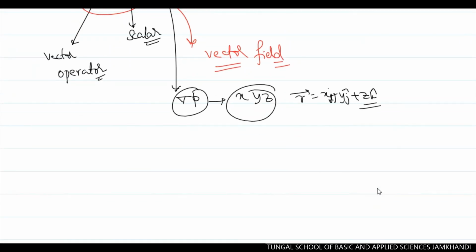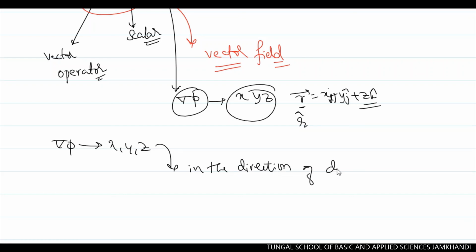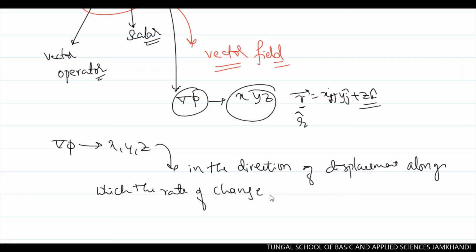So the r cap is also in the direction of r only, which tells us del phi is the variation along all three different axes x, y, z, and its variation direction is also in the direction of displacements along which the rate of change of phi is there.